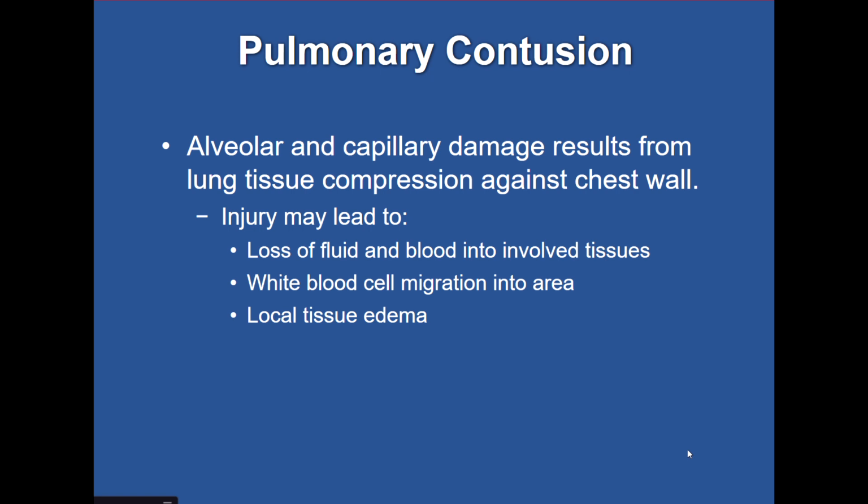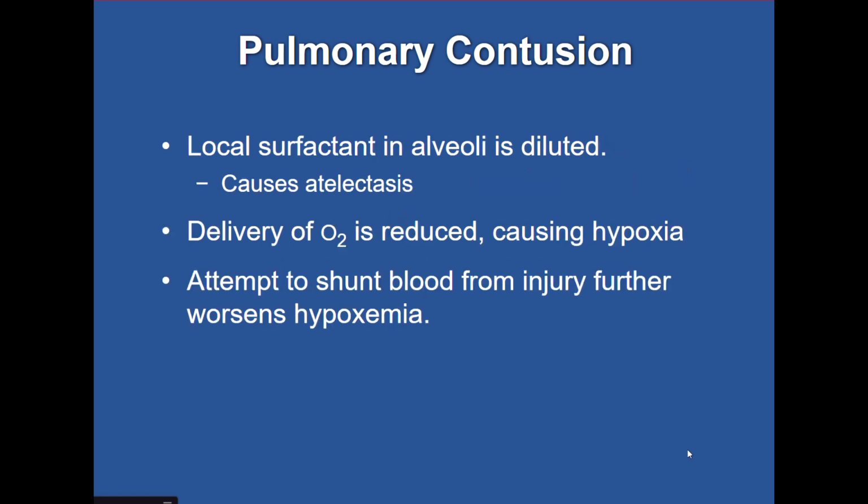And what is a pulmonary contusion? Well, a contusion is a bruise, so it's basically a bruise on the lung. So you're going to have the small capillaries that are damaged, and they leak fluid and blood into the surrounding tissue. You're going to get your immune response and your inflammatory response to that area, so it's going to bring along with it some edema, and all that space that was damaged is no longer being ventilated properly.